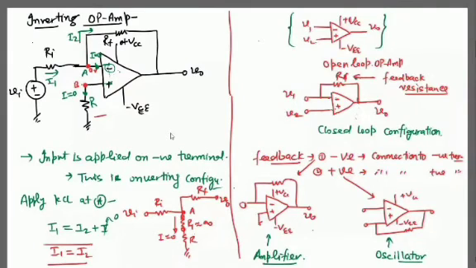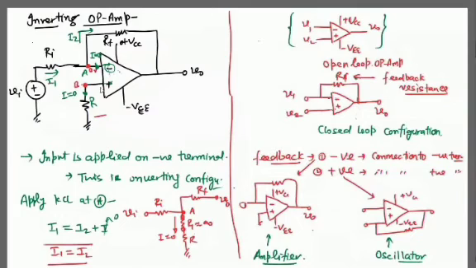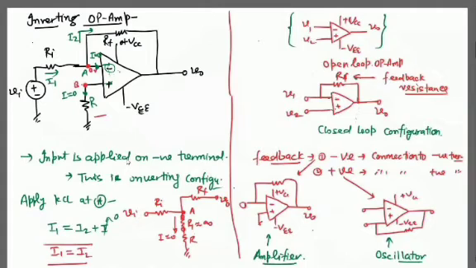So now we can apply KCL at this point. What is the value of current I1? VI minus 0 over RI. And what is the value of I2? 0 minus V0 over RF. So can we write I1 equals I2, that is VI minus VA over Ri equals VA minus V0 over RF.